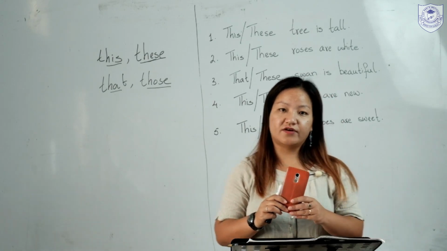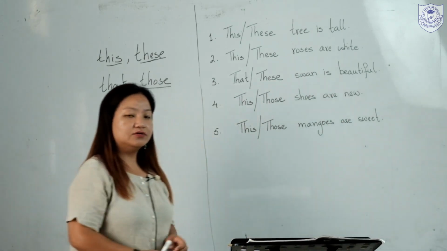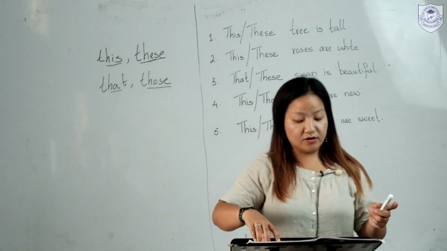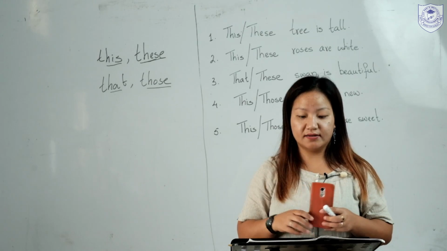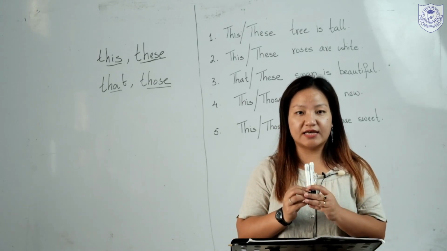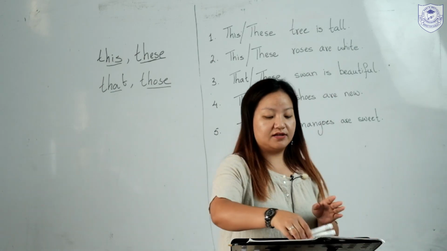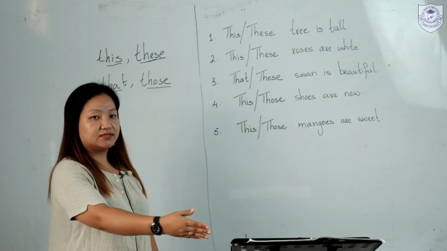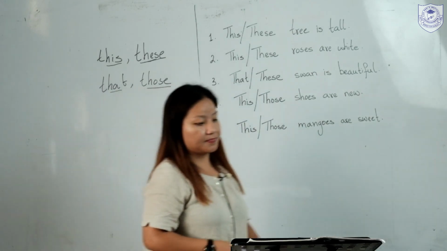And then if it is far away from us, then we use that. And then if the objects or nouns are more than one, if I'm near it, we use these. And if I'm a little bit far away from it, then we use those. Okay?